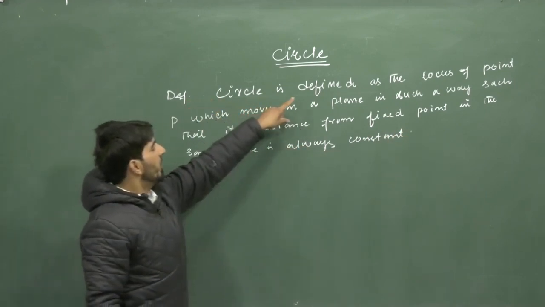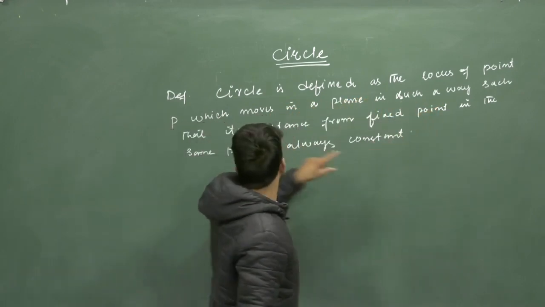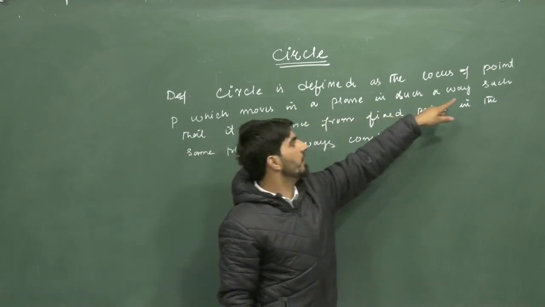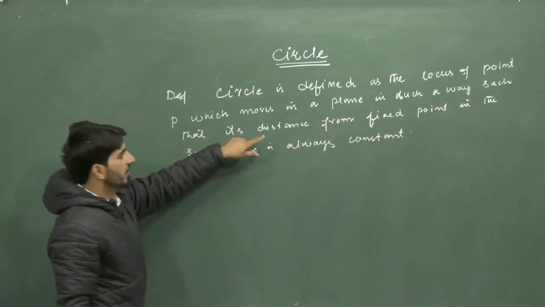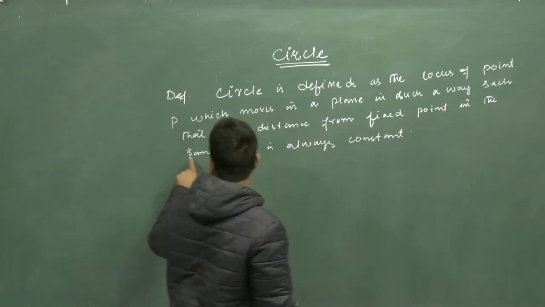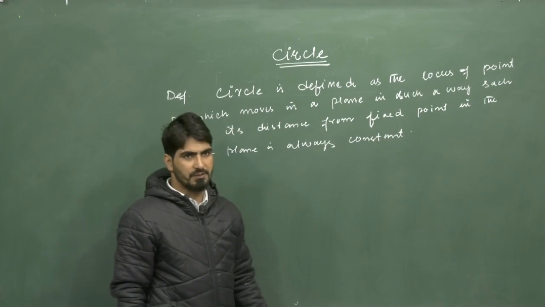So circle is defined as the locus of a point P which moves in a plane in such a way such that its distance from fixed point in the same plane is always a constant.